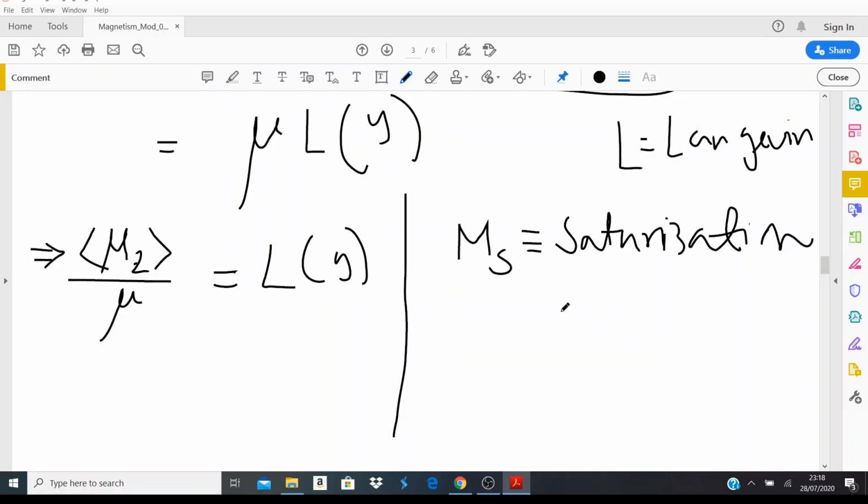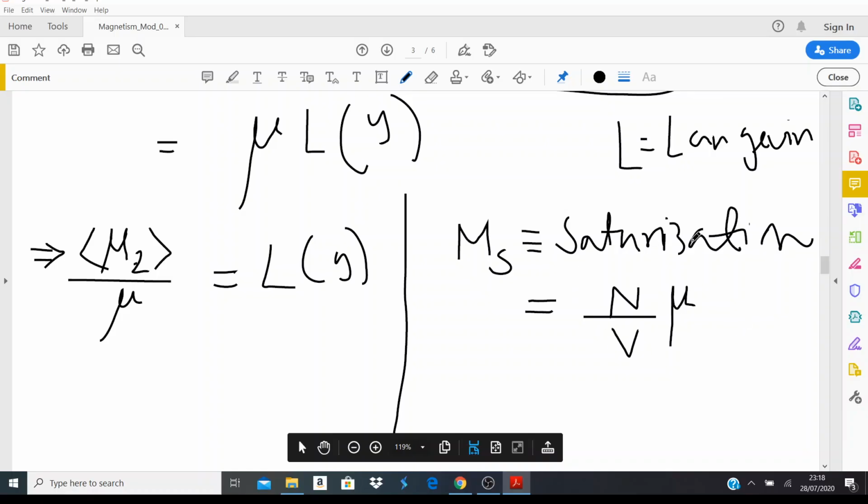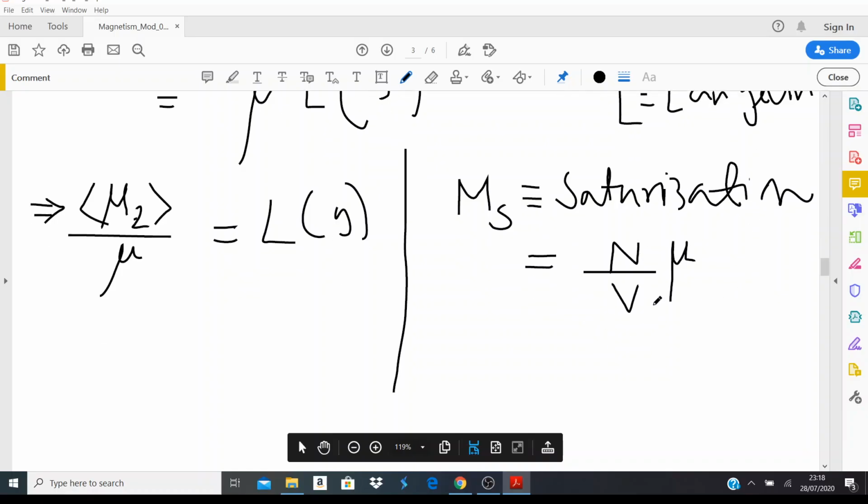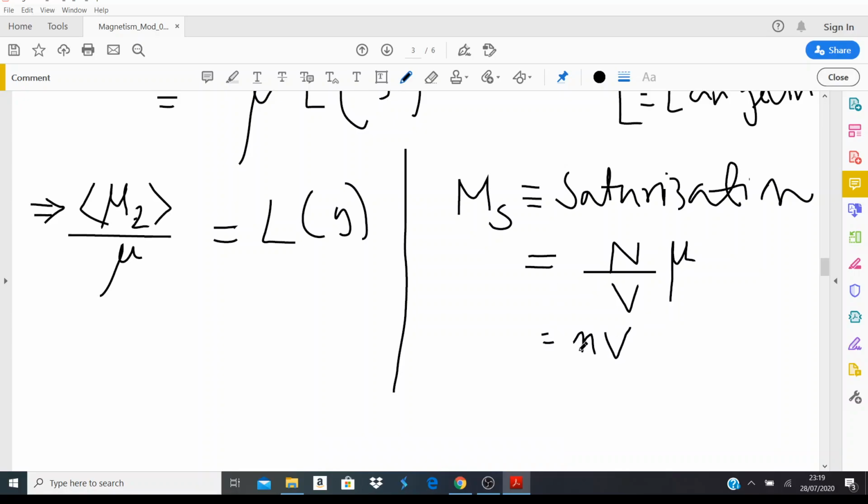That's your saturation magnetization, and we are assuming that we have some dipole moment per atom or per ion, and N is the number of atoms per unit volume, right? So that's the saturation magnetization if they just add up, right? Every mu adds up because they are aligned. So usually the small n represents the number of ions per unit volume times the magnetic moment of each atom, right?